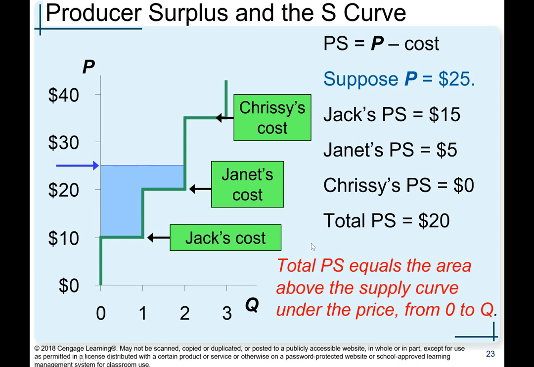So total producer surplus would be 20, which is 15 for Jack plus 5 for Janet. Total producer surplus equals the area under the price, this blue area here, and above the supply curve. That is producer surplus.